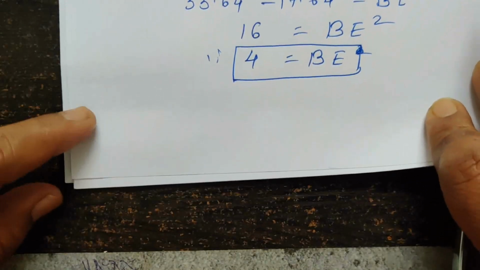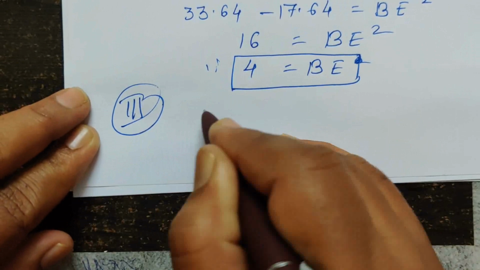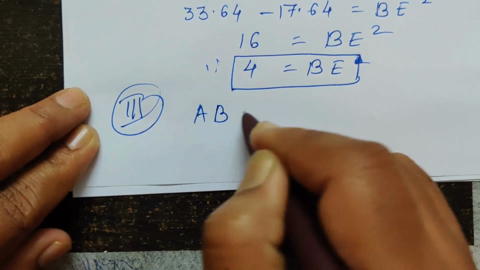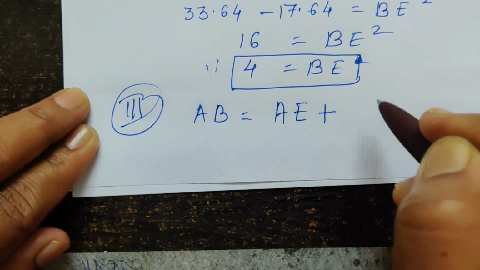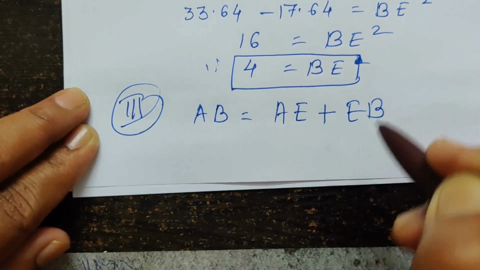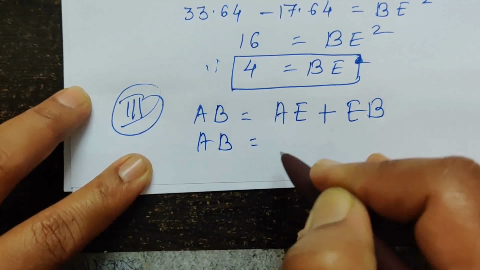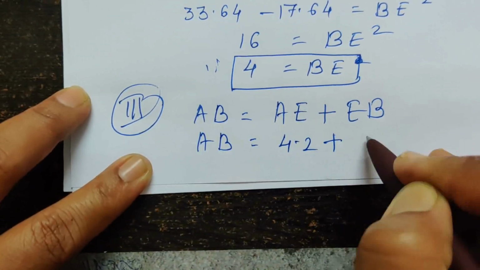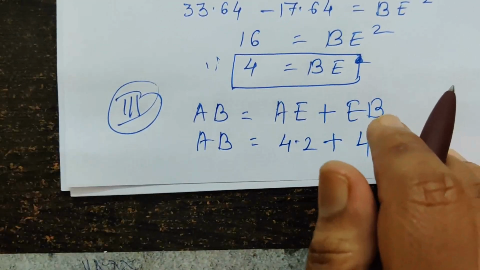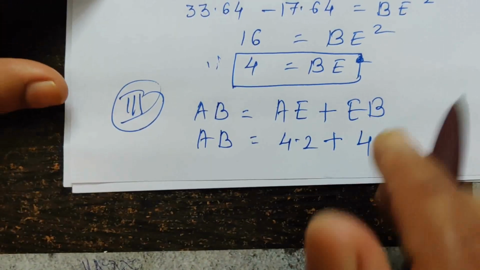So third part of the example is AB is equal to AE plus EB. AB we have to find out. AE is given 4.2, EB we got is 4. If you add it, you will get 8.2.